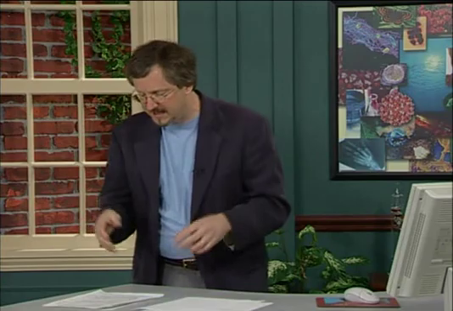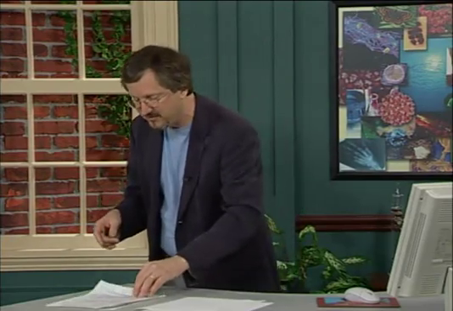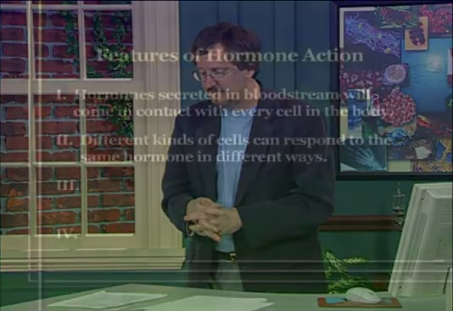This kind of coordinated response is made possible by the fact that different kinds of cells in different tissues may have receptors for the same hormone. In other words, epinephrine receptors are found on cells in the heart, in the gut, in the liver. Those receptors all bind epinephrine, but then depending on the cell, those receptors will trigger a different response, the response appropriate for whatever that cell is supposed to do in this coordinated response.